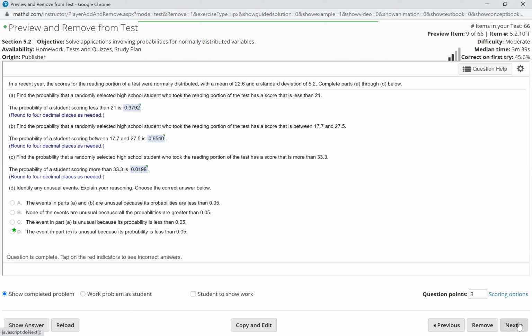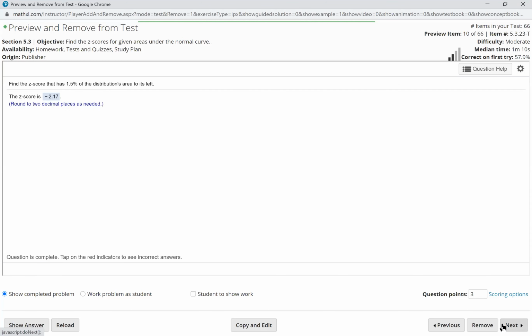Next. Another question similar to the one that I just talked about. Okay, here, this is the second feature in chapter 5 that you will be using. It's inverse norm. You need an area to the left, and then if you're doing a Z here, it will be a 0, then comma 1.